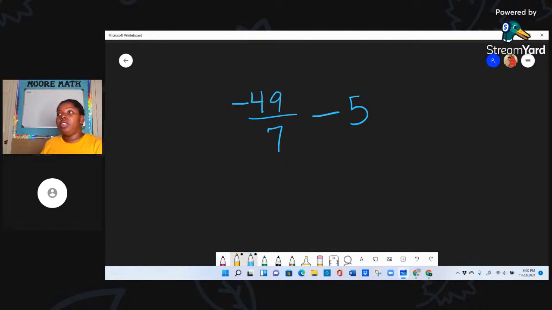Okay. So do you know what this fraction bar means? Divide. Good. Nice. So negative 49 divided by 7 minus 5. Negative 2. Okay, so tell me what you did.